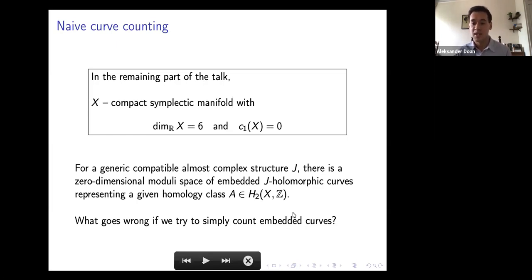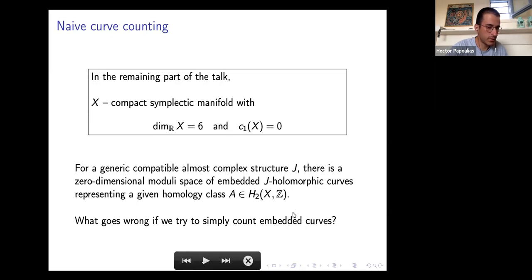For example, you look at the curves which pass through given points or given submanifolds or have some tangencies. That corresponds to integrating certain homology classes. So the constraint is the choice of homology class to integrate to obtain the invariant? Yes, but geometrically, it's the same as just saying, look at curves that, for example, pass through certain points.